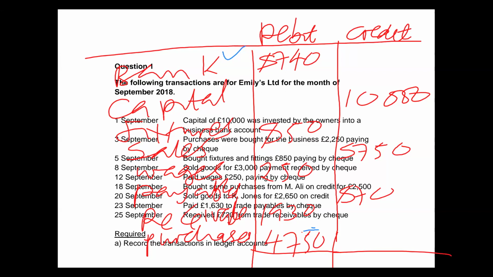Now 10,000 plus 3,000 plus 720 minus 4980 is 8740. I've checked everything. So what do you get on the debit side? I'm still getting the same, sir. 16,520, 16,620.